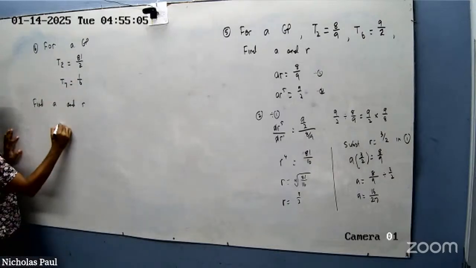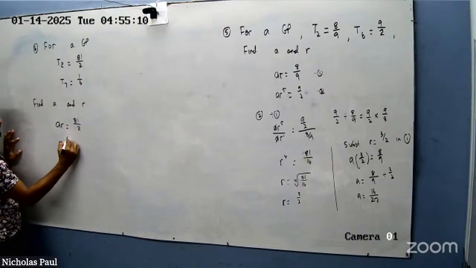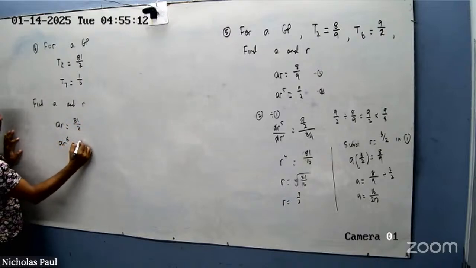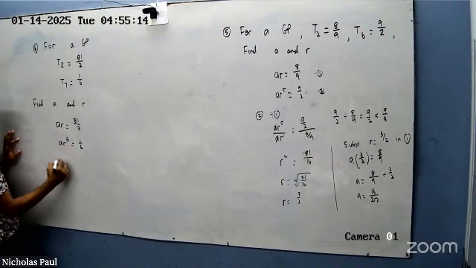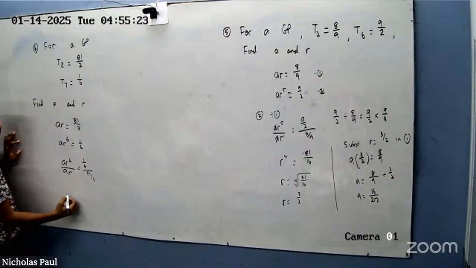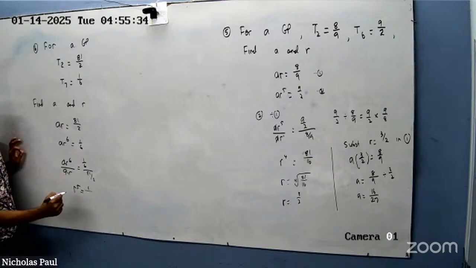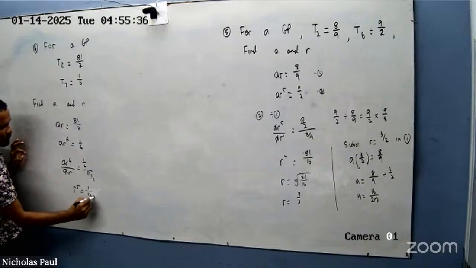Right, so here AR is equal to 81 on 2. Here AR to the 6 is 1/6. I'm going to divide them. So that's 1/6 divided by 81 on 2. So this will cancel. I'll get AR to the 5, flip up the 2, and I will get 1 over 243.